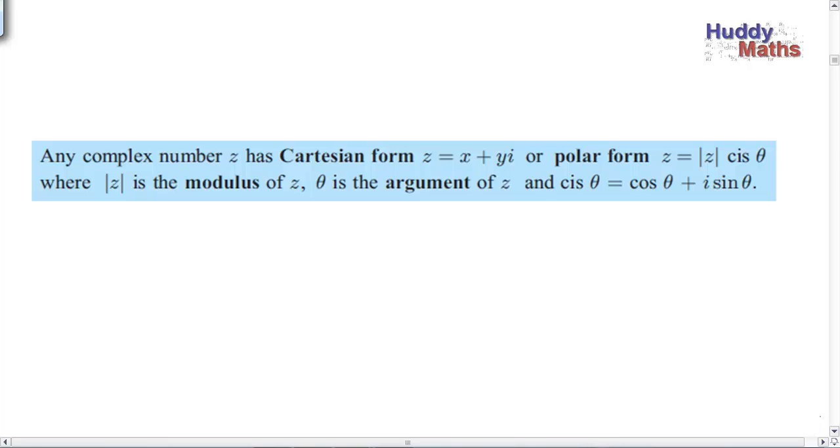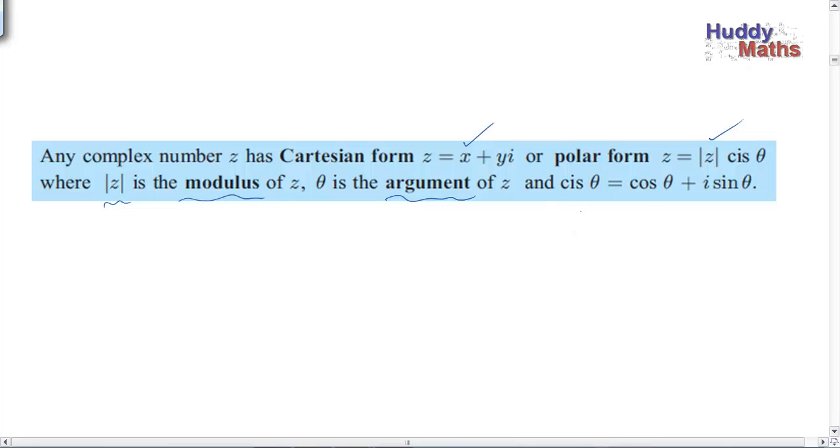So just summarising that now, and you might write this down. Any complex number z with that Cartesian form can be converted to this polar form, where the size or the radius is the size of the complex number z, and theta is called the argument. So that's the modulus, we know that. The argument of z, okay?